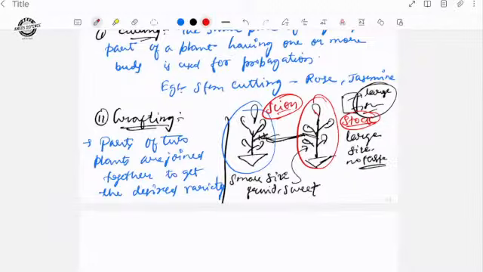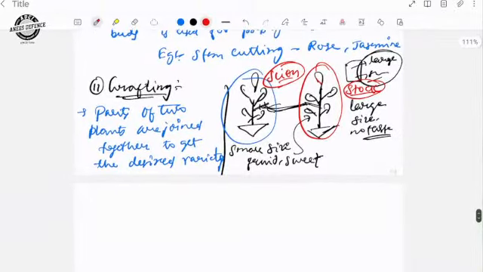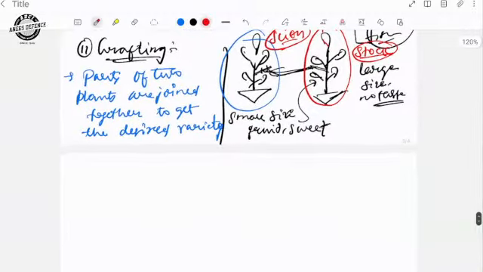The part from which the piece is cut is termed scion, and the plant to which the cut piece is attached is termed stock. Examples of grafting are apple, mango, pears, etc.